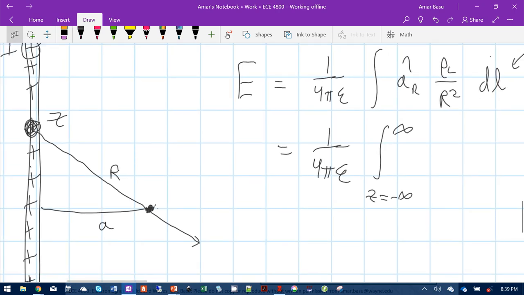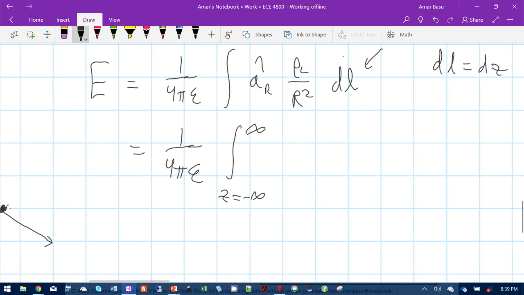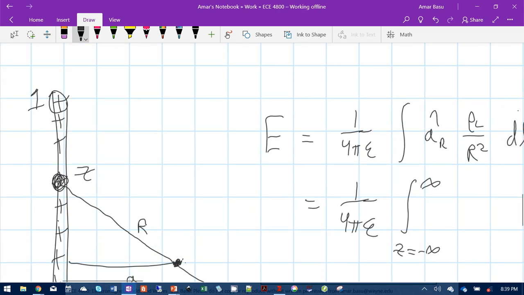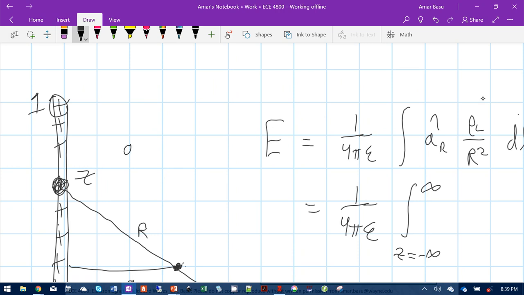So we need to find, let me write this down up here. AR is equal to R divided by the magnitude of R. Right? We're just finding the unit vector in that direction.